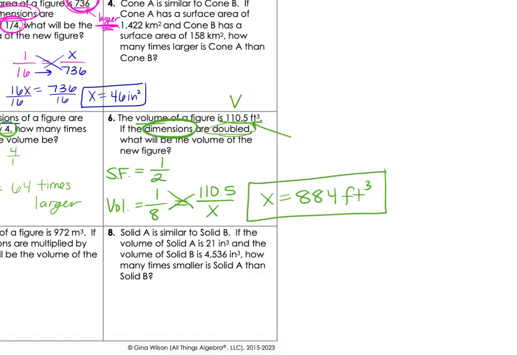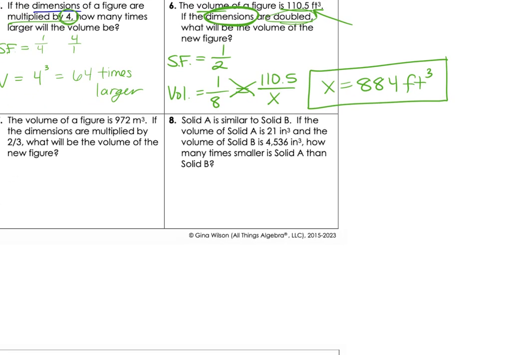Okay, I'm curious if you can figure out number 8 then. You try number 8. A similar solid A to solid B. If the volume is given and the volume is given, how can you find how many times the smaller solid is than the other? Give that a go.